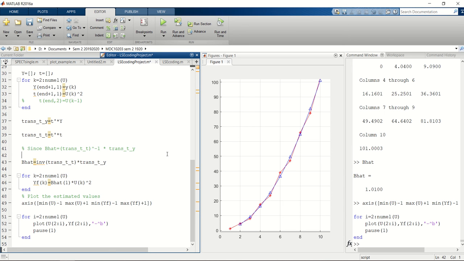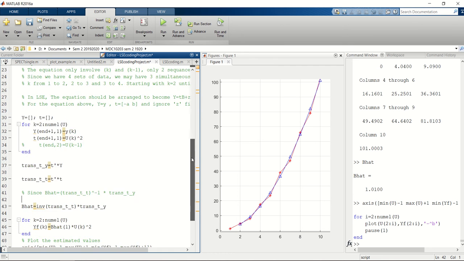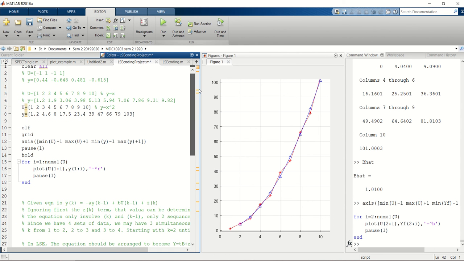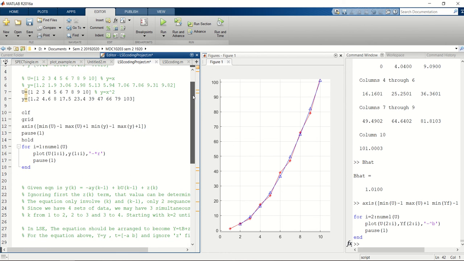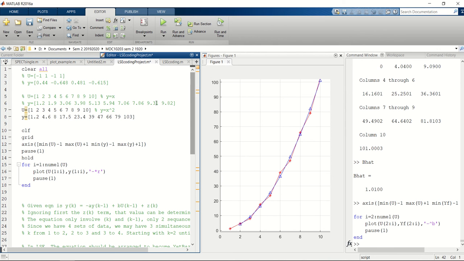Right, so this is how you create coding to solve LSE, okay? So I will show you later how to solve other types of problems, okay? For this case, I want you to find, for example, a set of data for y equals 3 times x cubed, okay?